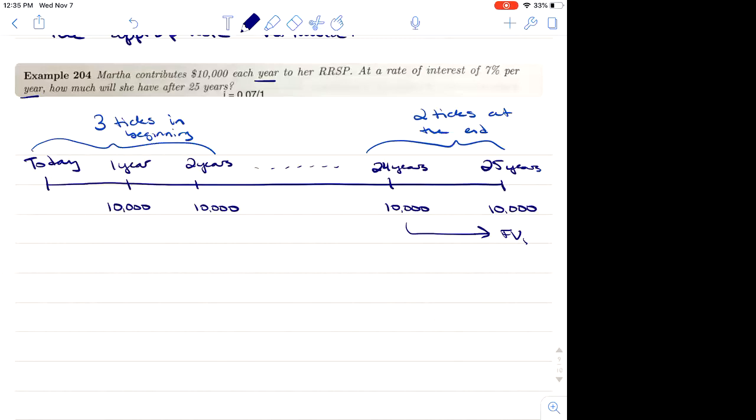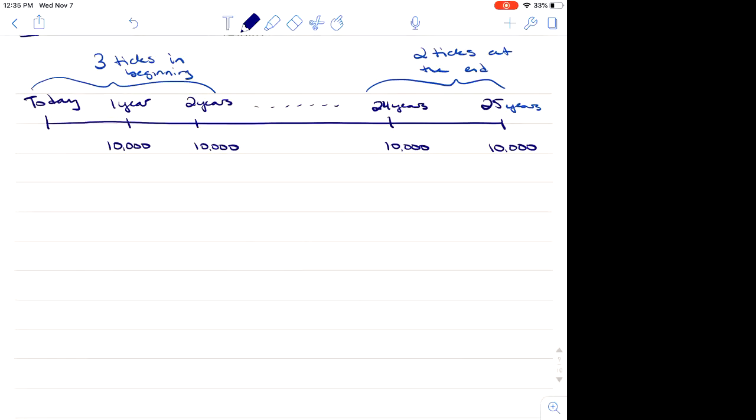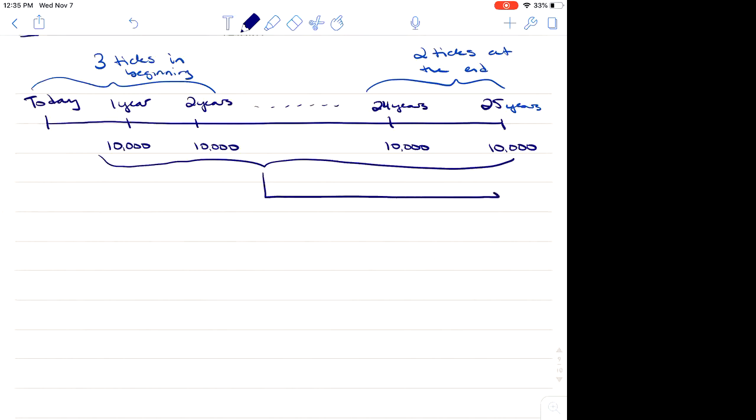That gets nasty. So instead of drawing that, we do our beautiful curly brackets, or just a square bracket if you want. I think it's pretty fun to do the curly brackets, so why not? So all of these are going to get funneled to one future value.